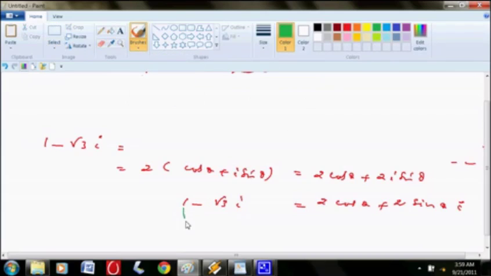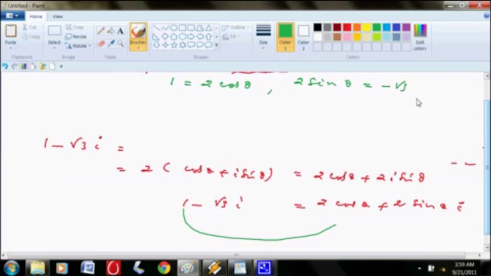Now if I compare the numbers, then 1 equals 2 cos theta and 2 sin theta is minus root 3. Now you take anything of your choice.